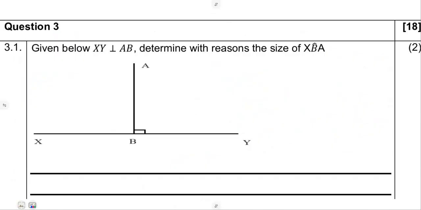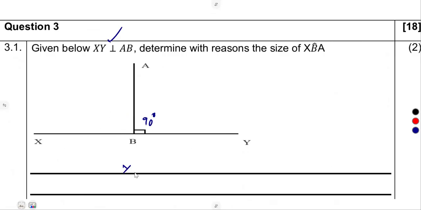Question 3, given below, we are given that XY and AB are perpendicular. They meet at 90 degrees. So determine with reason the size of XBA. Guys, already it's a 90 degree.